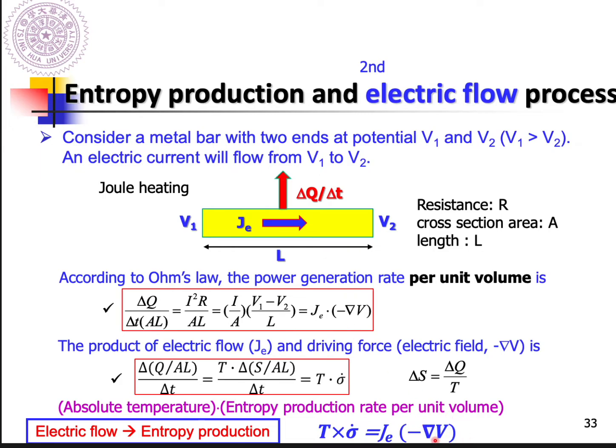The driving force in this system is minus the electrical potential gradient. So this is the driving force when we have an electrical flow here. This result also tells you that any electrical flow will cause entropy production.